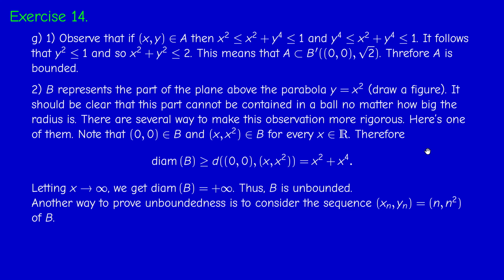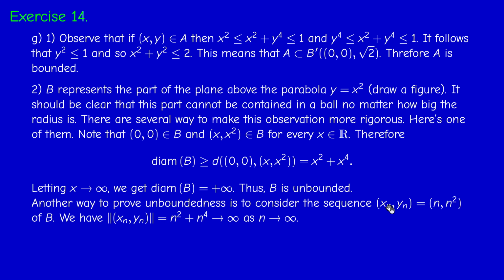Another equivalent way, the same idea but expressed differently, is to find a sequence in this set escaping any ball. So it has a norm, because in R2 we have the Euclidean norm. So we have to find a sequence escaping to plus infinity.